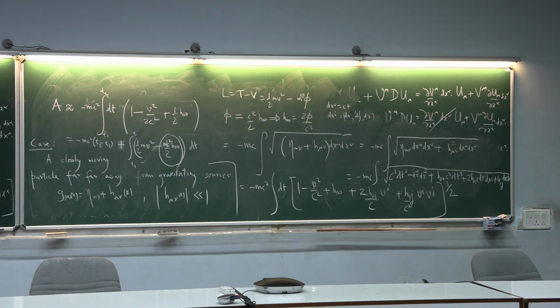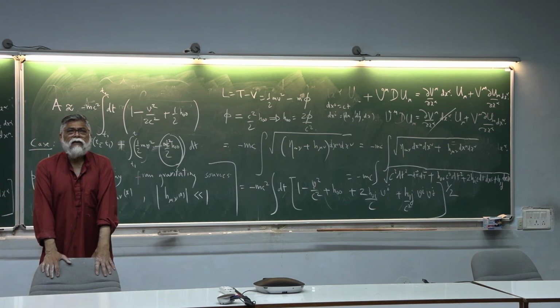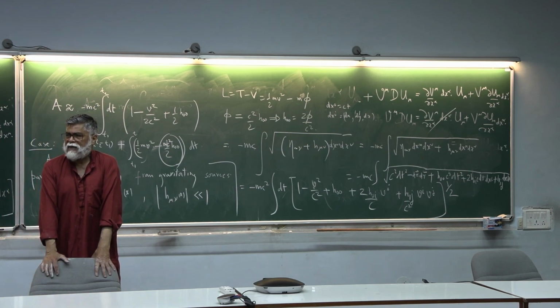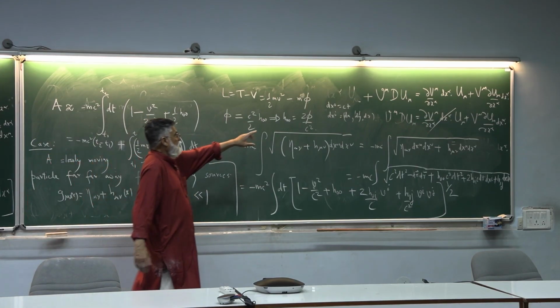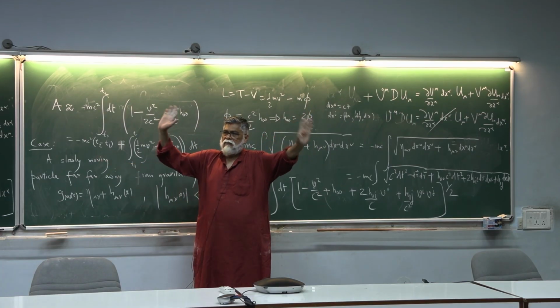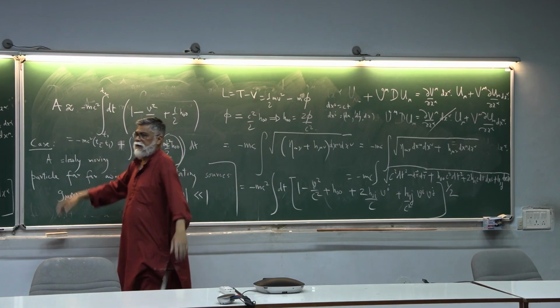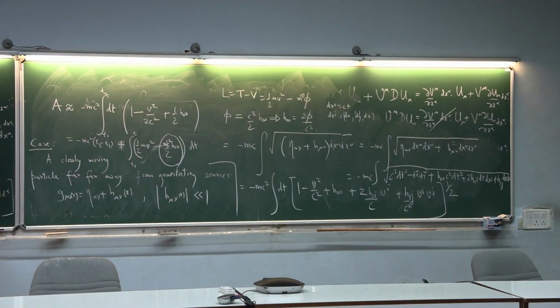If I want to use Newtonian gravity instead of general relativity, when will I be okay, without making a serious error? All you have to do is take the Newtonian potential and calculate this. If this is much less than 1, the Newtonian calculation is all right. So for the Sun, you can calculate that 2 phi by c square is much, much less than 1.